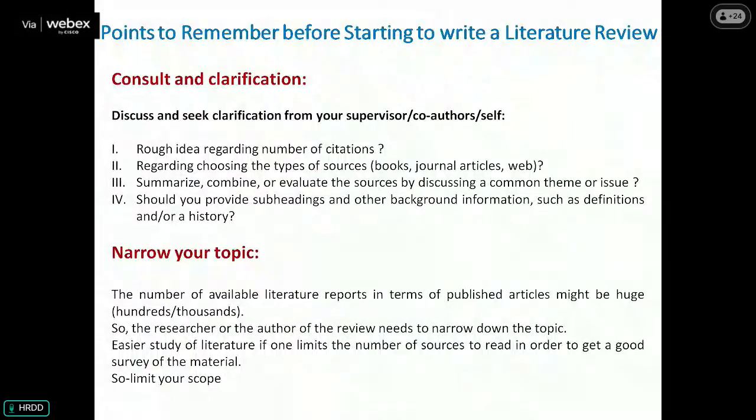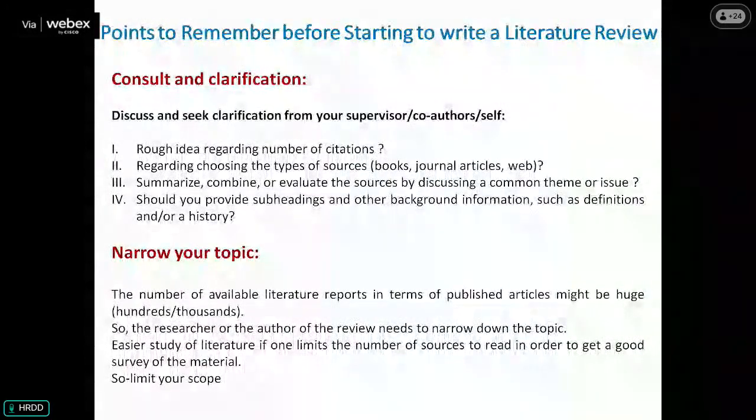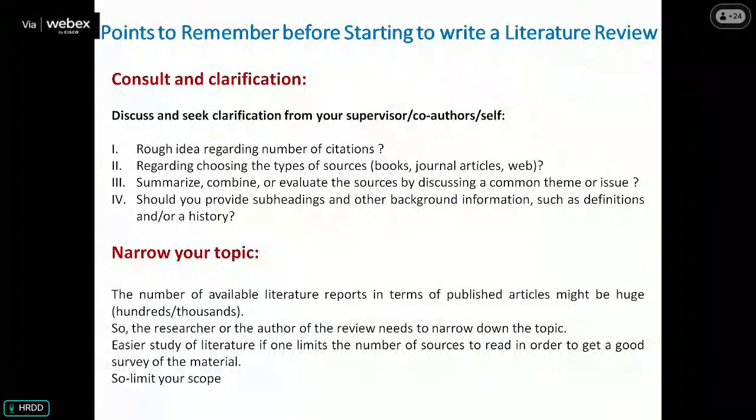So in a thesis you need hundreds. In a review article also, at least 100 is desirable to start with. It's a mini review, you can say. Very high impact journals ask for reviews having a minimum of 300 to 400. But 100 is okay for a review article to start with. At your stage, it is okay.